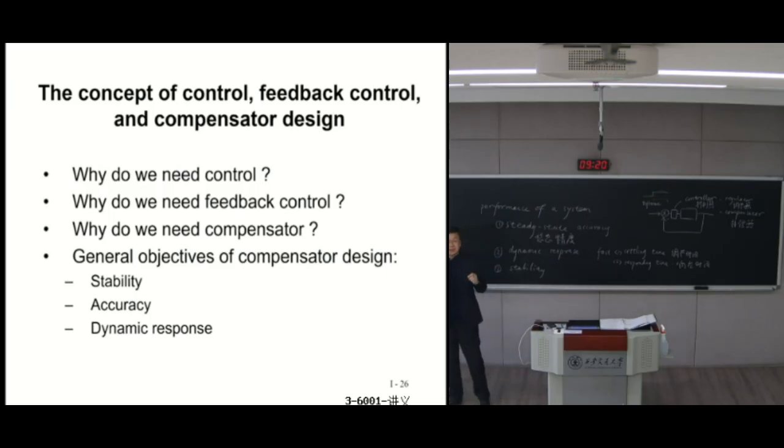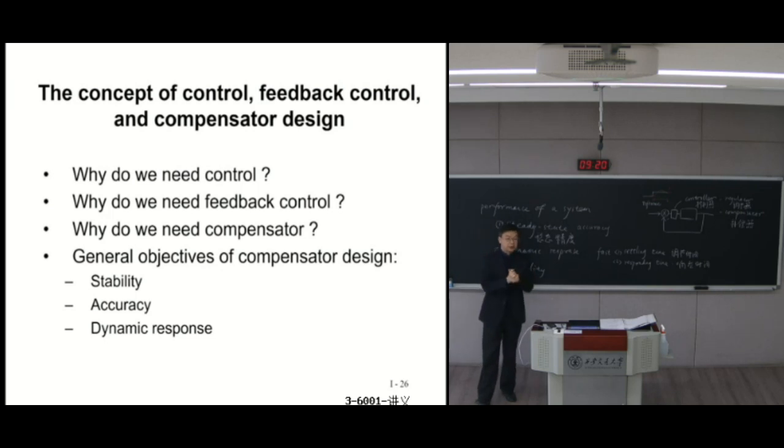So this is called system performance analysis. We can use mathematical tools to find out, under a specific structure and parameters of the system, how well the system is performing. That's called analysis. So two aspects, two different kinds of work we want to do. One is analysis.